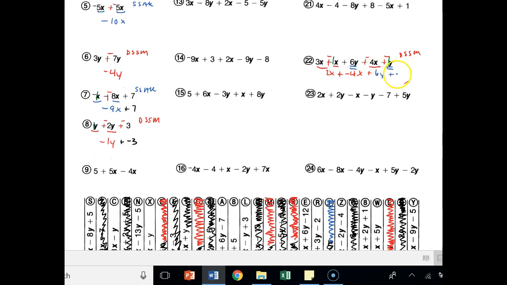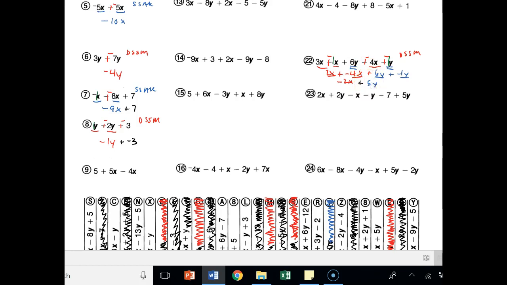6y, plus negative 1y. And then we can still combine like terms in 2 plus negative 4. Again, different signs, subtract. I have more negatives, so negative 2x. Plus, and then we have like terms in 6y and negative 1y. Again, different signs, subtract. I have more positives this time, so plus 5y.